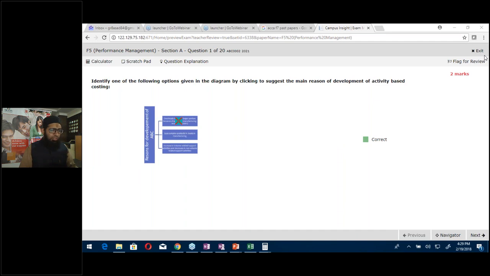Now let's discuss some exam standard questions. These are the questions from the campus inside that I have discussed earlier. So the first question is, identify one of the following options given in the diagram by clicking to suggest the main reason for development of activity-based costing.